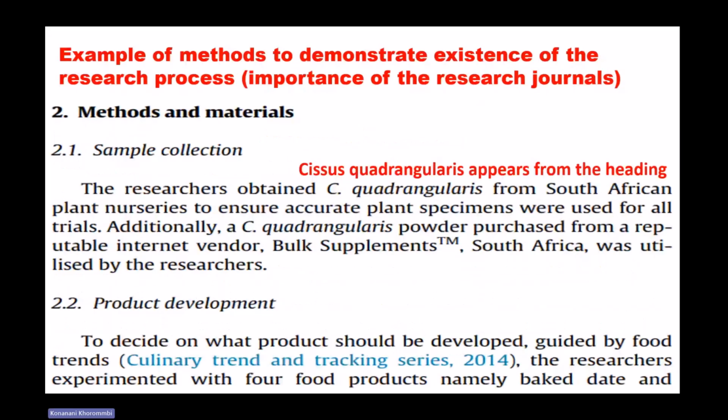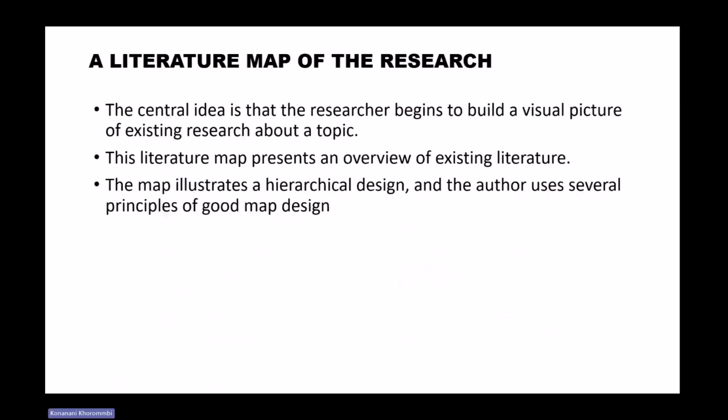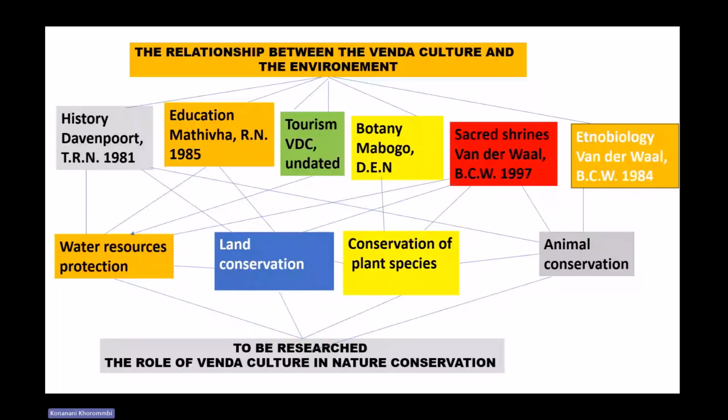This is the literature review that I conducted. In terms of the project, the project is there. You can see at the bottom there. To be researched is the role of Venda culture in nature conservation. But a broader area in which this topic is located is the relationship between the Venda culture and the environment.